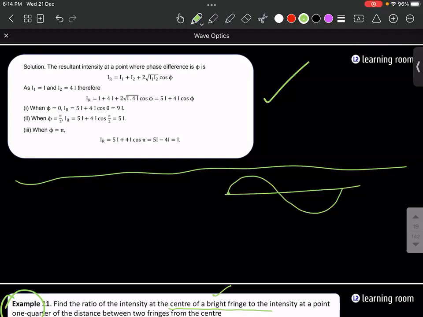Now this wave is here. See, those who don't know this concept, listen to this. Nitish, you answer the questions I'm going to ask you. How much is this distance? Lambda. So for one wavelength, what is the corresponding phase difference? 2 pi.